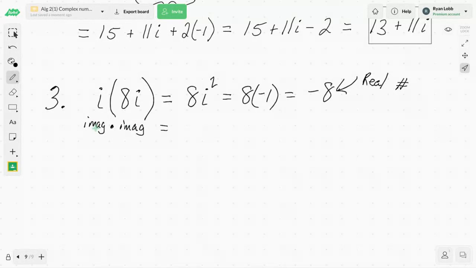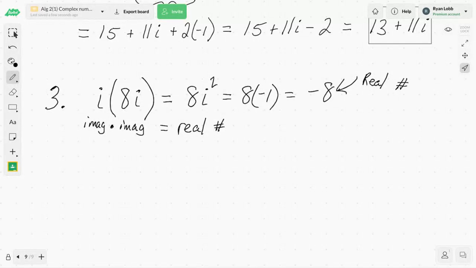So now we have an imaginary number times an imaginary number is, in this case, a real number. So is an imaginary number times an imaginary number always imaginary? Nope. Sometimes yes. We could have an imaginary number times another imaginary number be either real or imaginary. So there's nothing definitive about what type of number you're going to get.